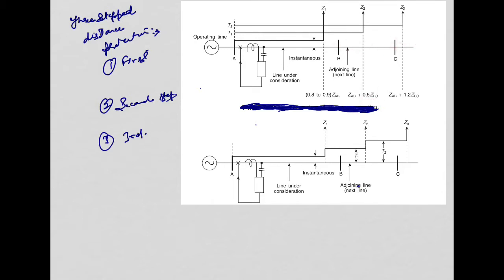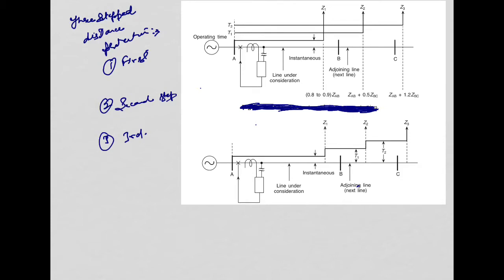So it will cover the 20 to 10% of the line which is left in the first section, and it is set to cover 50% of the next line section also. As is clear from this diagram, it will cover the adjoining line section.